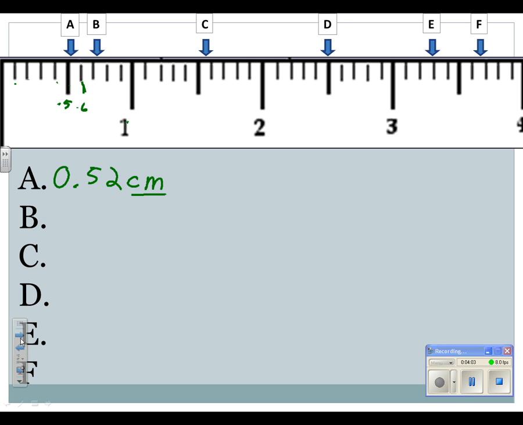Now B, we know it's at least 0.7. So we're going to say 0.7. And it's not quite close to 0.8, not quite 0.75. We'll call this 0.74 centimeters.